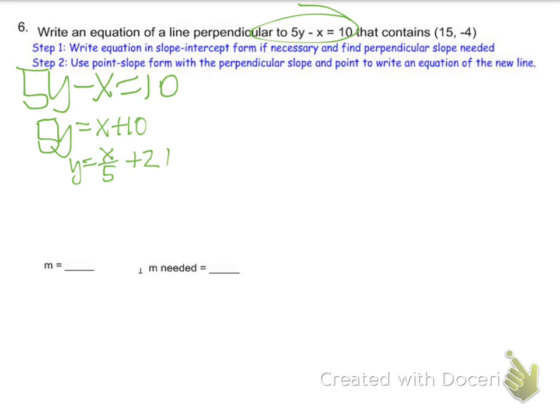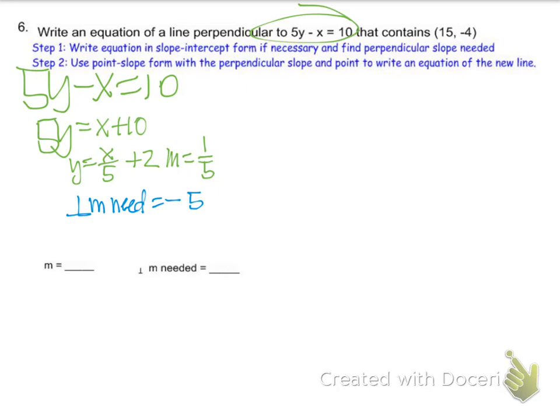So I know that the slope of this one is 1/5. To find my perpendicular slope, I need to make it the opposite, so since this one is positive, this one needs to be negative. Since this is 1/5, that one needs to be 5/1.